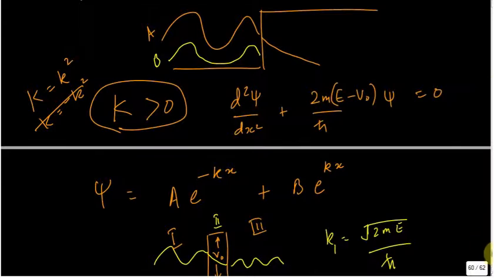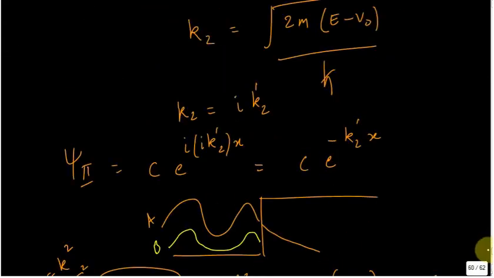So if the value of V is greater than the energy of the wave, then this K2 comes out to be an imaginary quantity. Always.